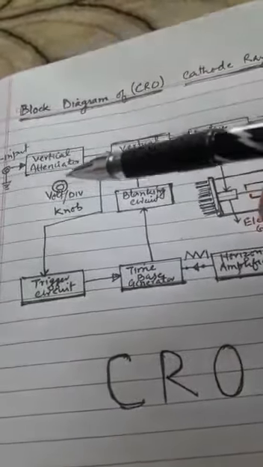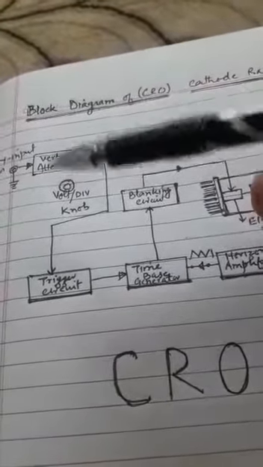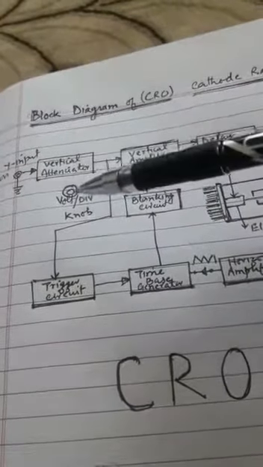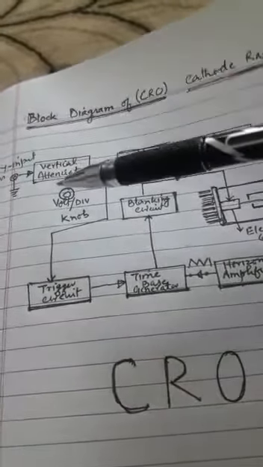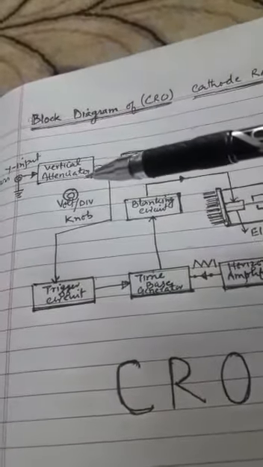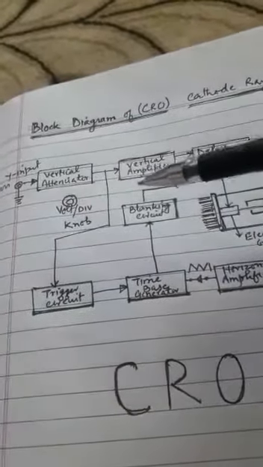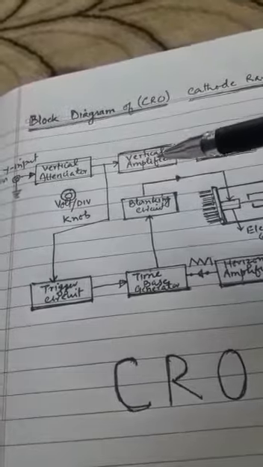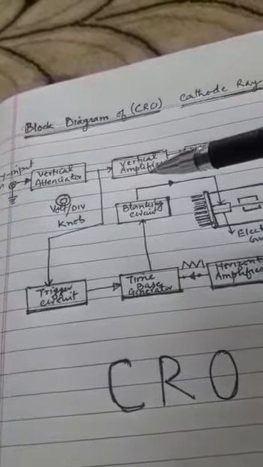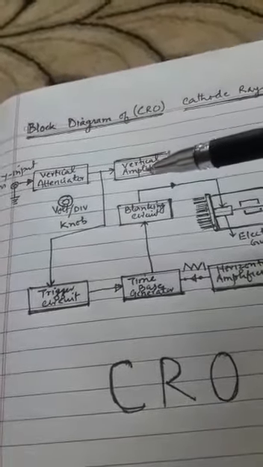The vertical attenuator is reducing the power of the signal, because when you are giving input to it, some distortion is created, and it reduces such distortion and reduces the power of the signals. And then the vertical amplifier, what does it do? It strengthens the signal so that the signal goes forward.